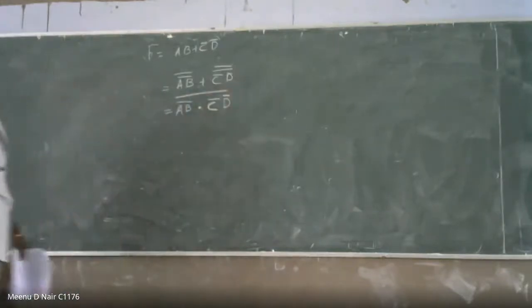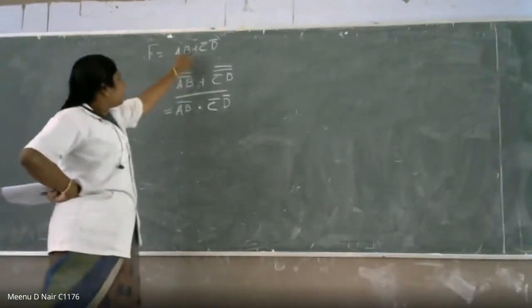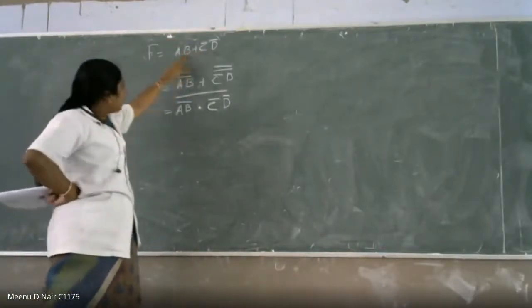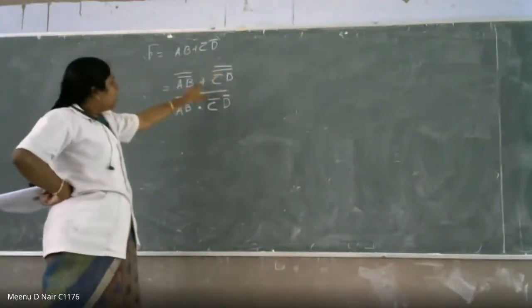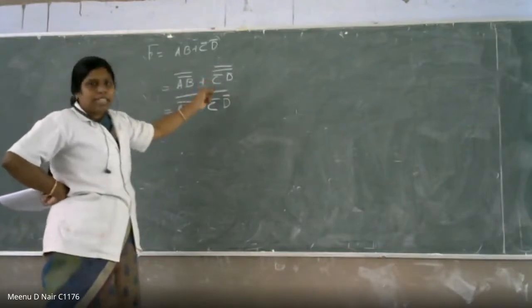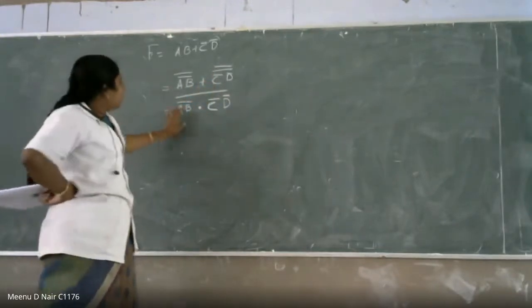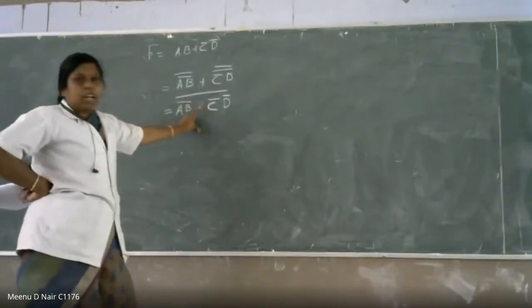First you are applying double bar to both terms, AB double bar plus C bar D bar double bar. This is the expanded form of De Morgan's theorem. So you are writing AB bar into C bar D bar whole bar.